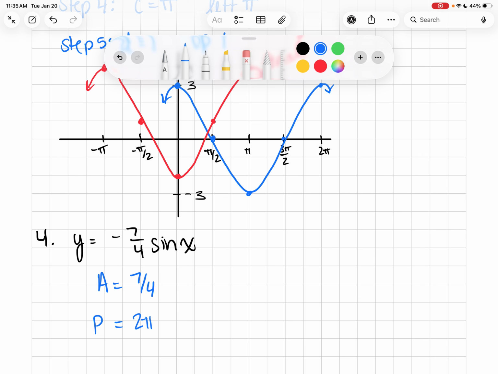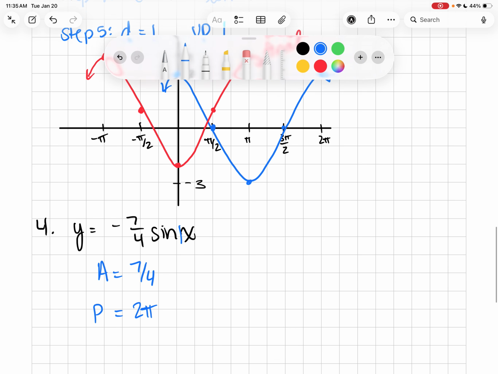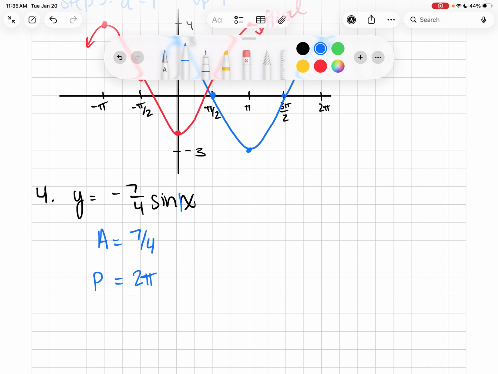It would technically be over 1 because there's an imaginary 1 in front of the x there. But obviously you don't need to write that part. Is anything else happening to this? Reflected.